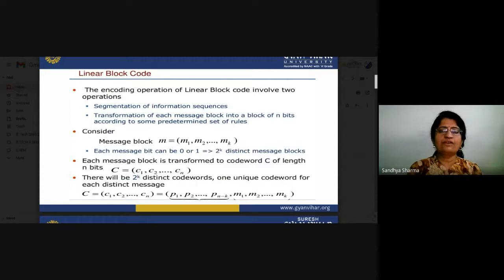Each block will have parity bits added, and after the addition of parity bits we convert this k-bit message into an n-bit code word. M1 to Mk is the data word, and after that P1 to P(n minus k) bits are added as parity bits. That is basically the standard basic equations of our linear block code.